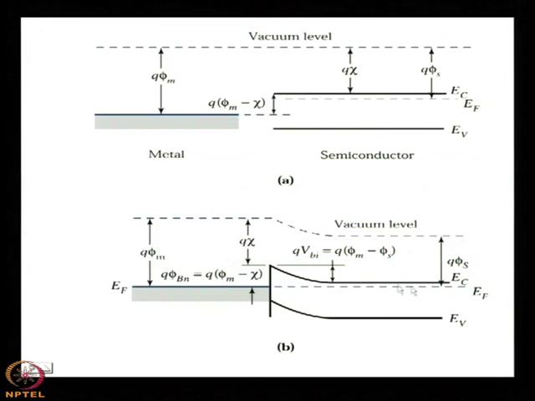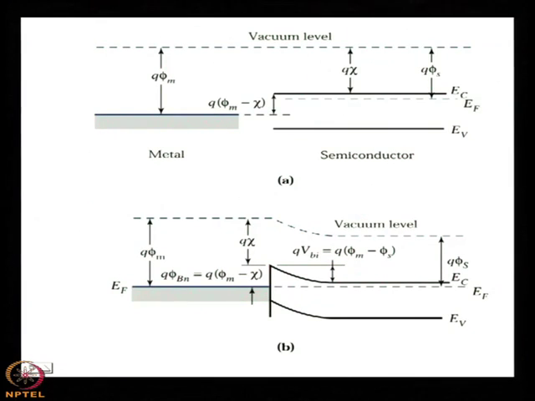Just across W, the depletion width, it is again constant, that means E c minus E f is constant. Only in this region is there a difference in E c minus E f. It is because of the depletion layer, where the charge carriers are few compared to the bulk region or the metal region.